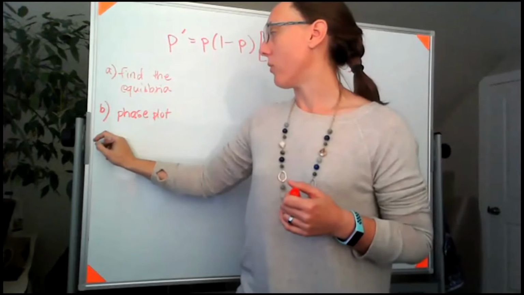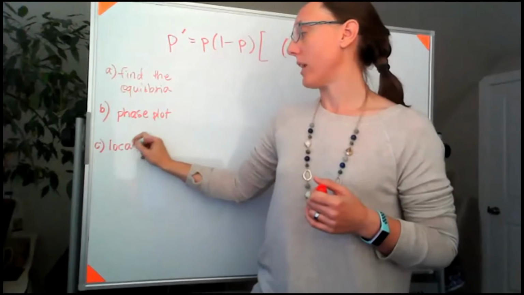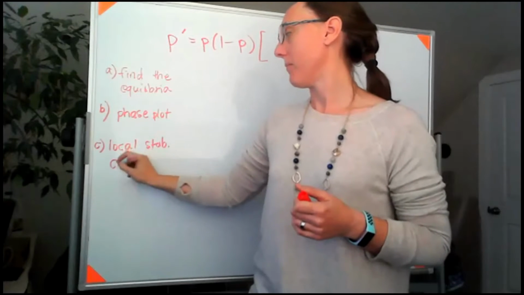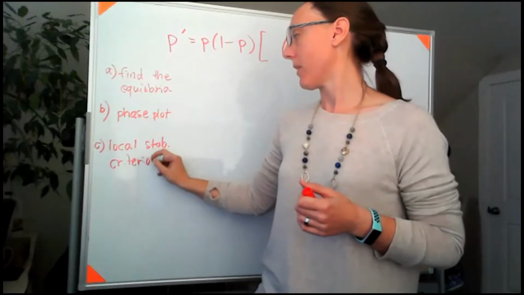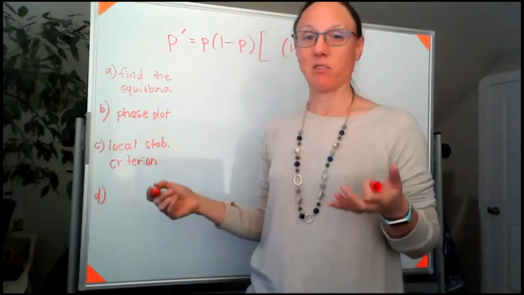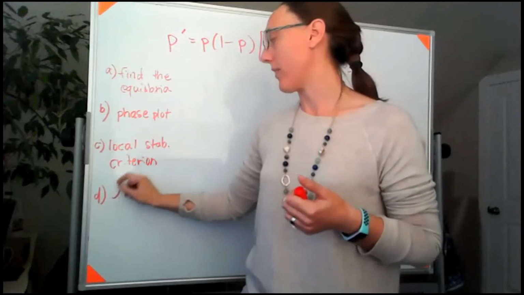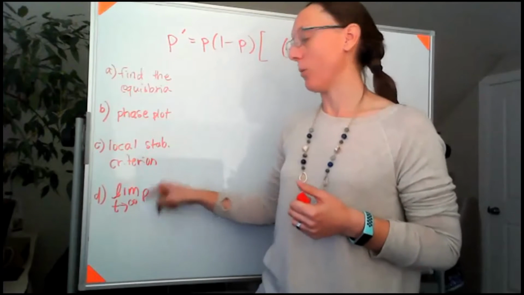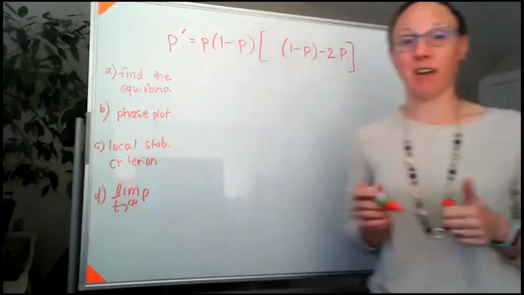And I also want to use the local stability criterion. And then for some specific starting values of P, I want to look at what the limit as T approaches infinity of P will be.